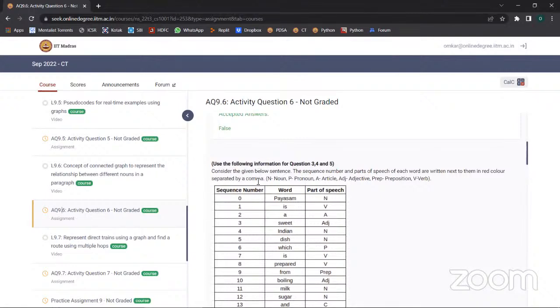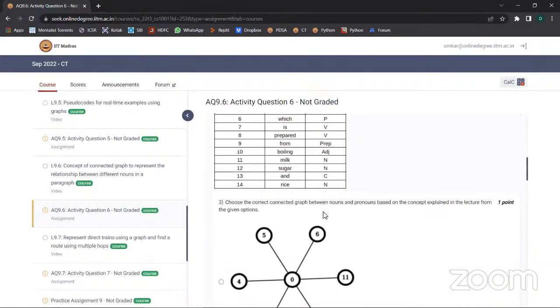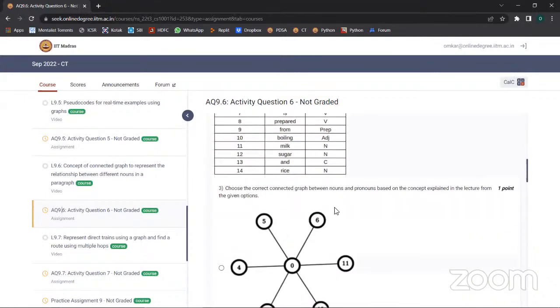Consider the given sentence. The sequence number is given, and what is asked? Choose the correct connected graph between nouns and pronouns based on the concept explained in the lecture.